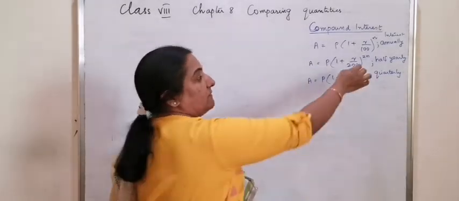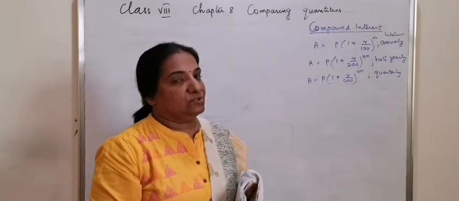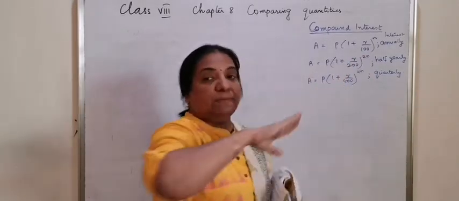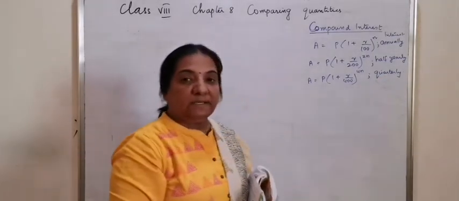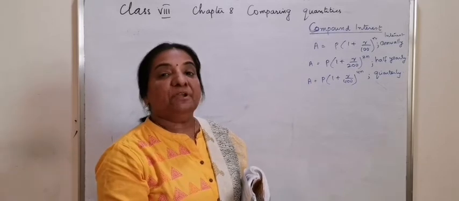It can also be calculated half yearly, which means that twice a year they will calculate, so the rate will become half and the number of years will become double. Similarly, when it is calculated quarterly, the rate becomes 1/4 and the number of years will become 4 times.